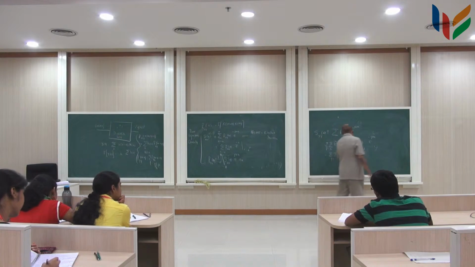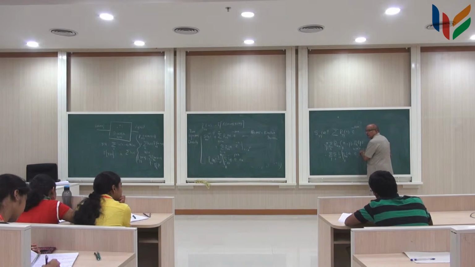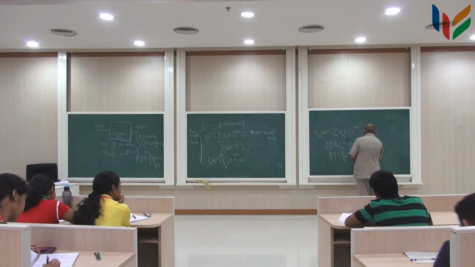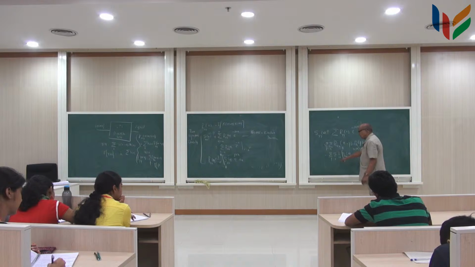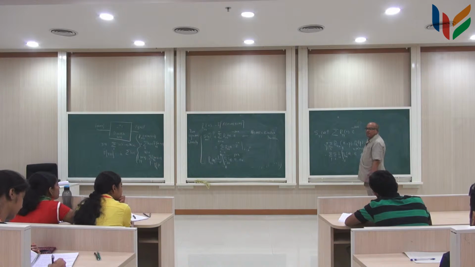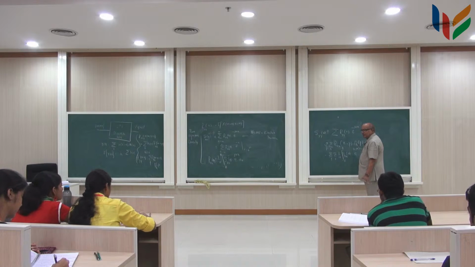So I get my Rxx n plus p. This I must multiply by e to the power of minus j omega p, and sum over all possible n and p. Are you with me?